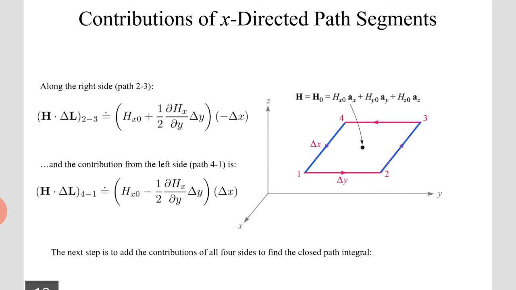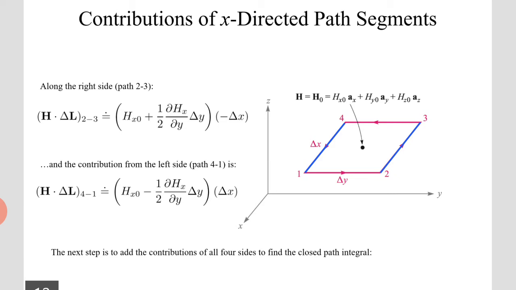Along the path 2 3, H dot delta L is [Hx0 plus half of partial Hx by partial y into delta y] into minus delta x. Whatever equations we wrote for 1 2 and 3 4 were along y direction; this is now along x direction. So you get minus delta x for path 2 3 and plus delta x for the opposite side, and the contribution from the left side, path 4 to 1, H dot delta L is [Hx0 minus half of partial Hx by partial y into delta y] into delta x.